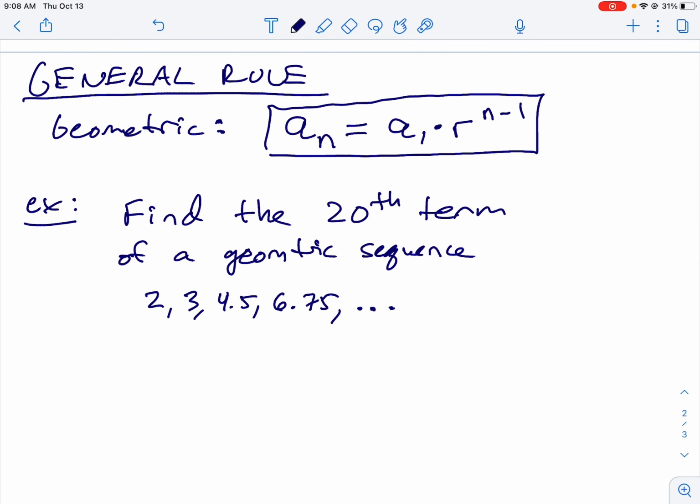We have the first 4 terms given to us. We're trying to find the 20th one. And let's go ahead and round to 2 decimal places for our final answer.